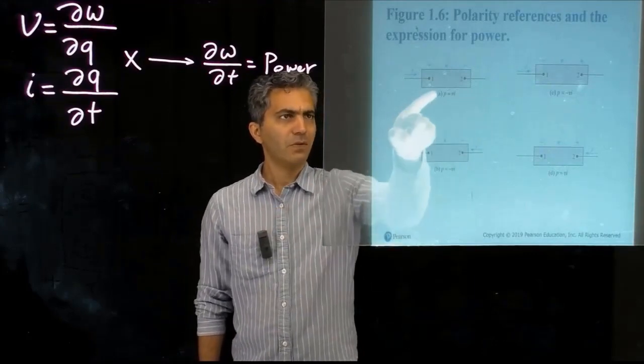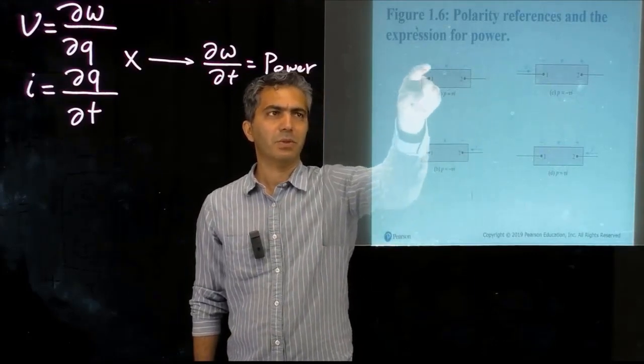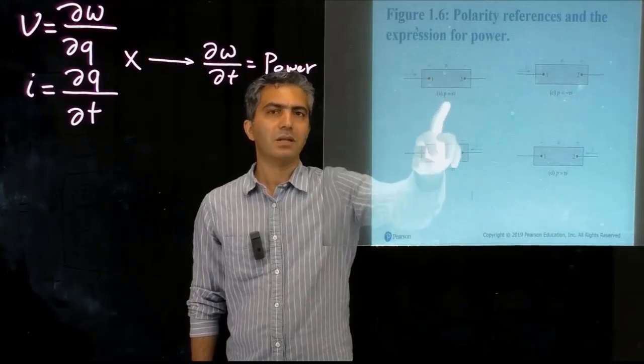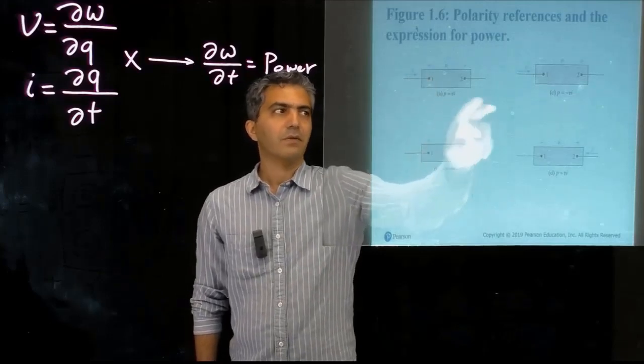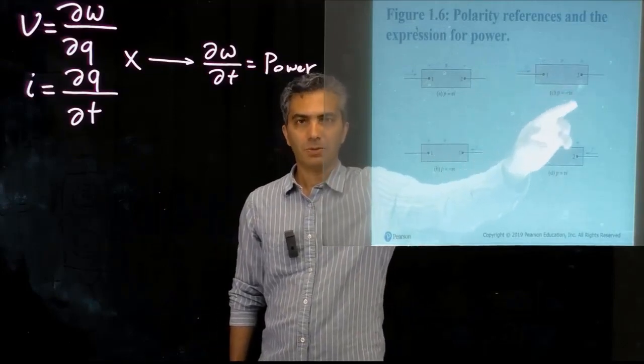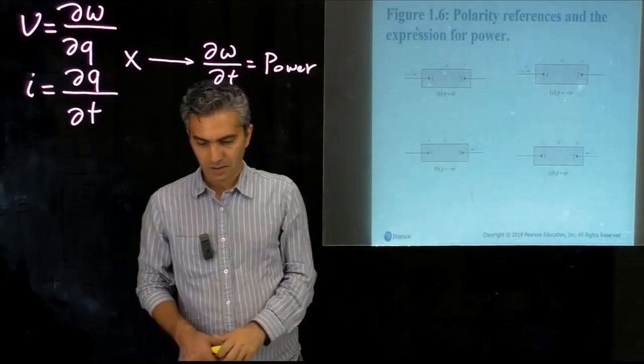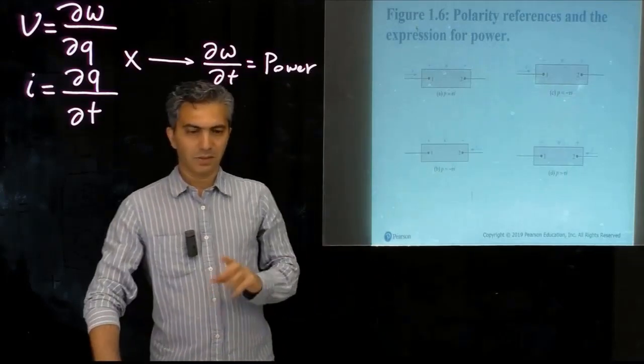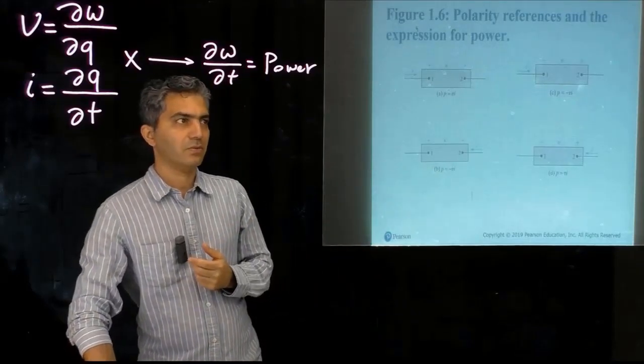Okay? If it's entering into the terminal with the positive sign, then you just take the voltage and multiply by the current. If the current is entering a terminal with the negative sign, you take the voltage, multiply by the current, and put a negative sign beside that. In other words, negate that value.